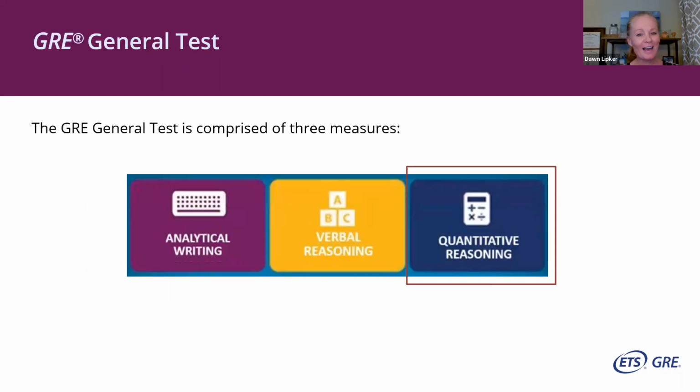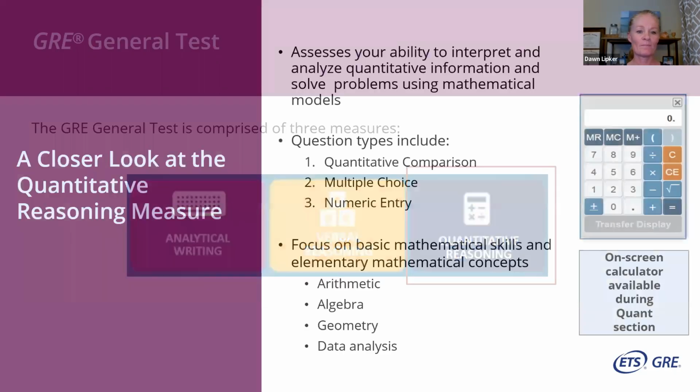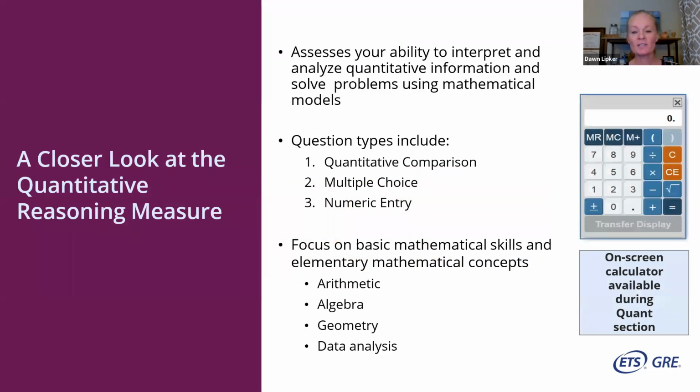So now that we did a high-level overview, let's take a look at the quantitative reasoning section. In this section, it's going to assess your ability to interpret and analyze quantitative information and to solve problems using mathematical models. So what you see on your screen now is there are 4 question types. I know it says 1, 2, and 3, but 2 is kind of a double whammy.